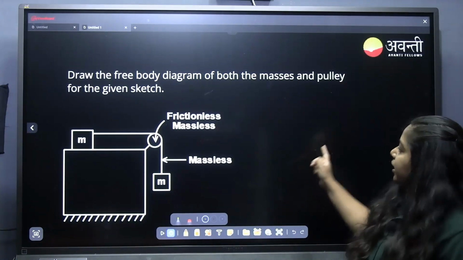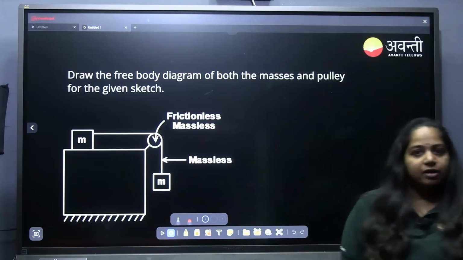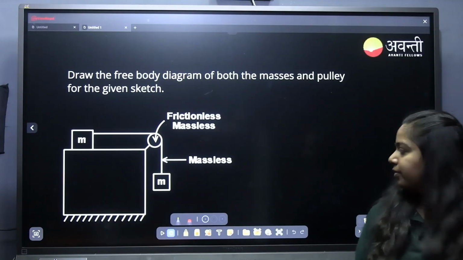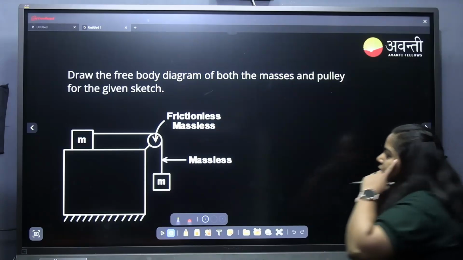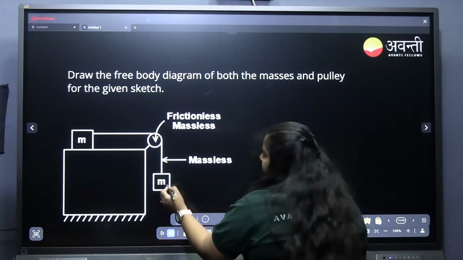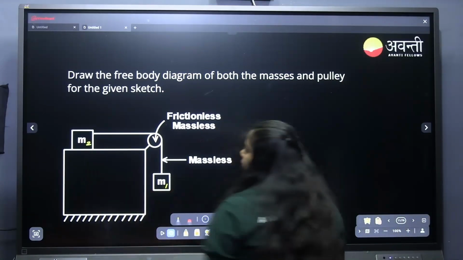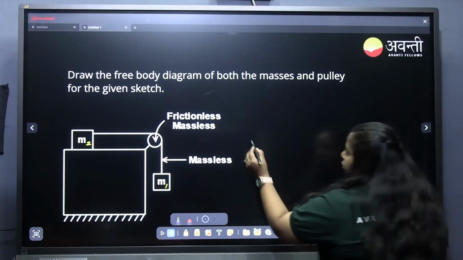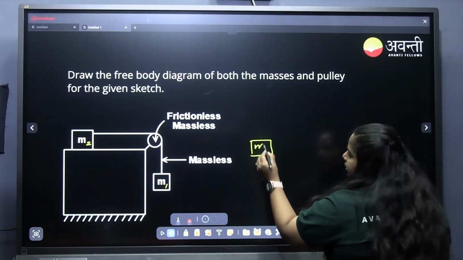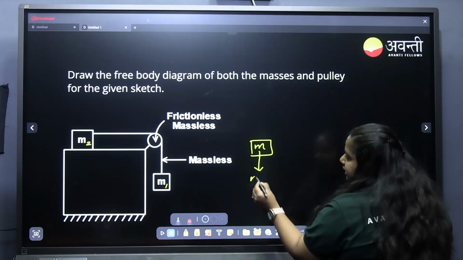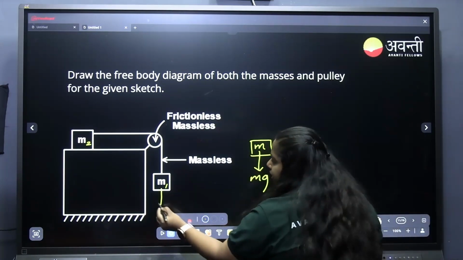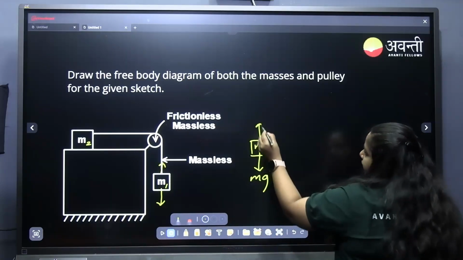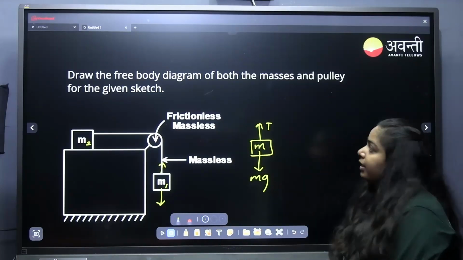Draw the free body diagram of both masses and the pulley for the given system. Okay. So I am taking this as mass 1, this as mass 2. For mass 1, mg is acting downwards here, and in the upward direction tension T is acting.